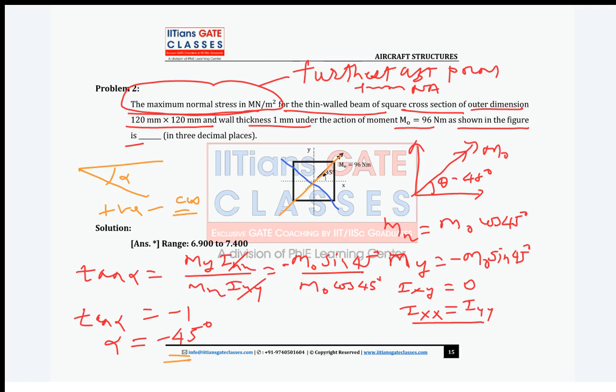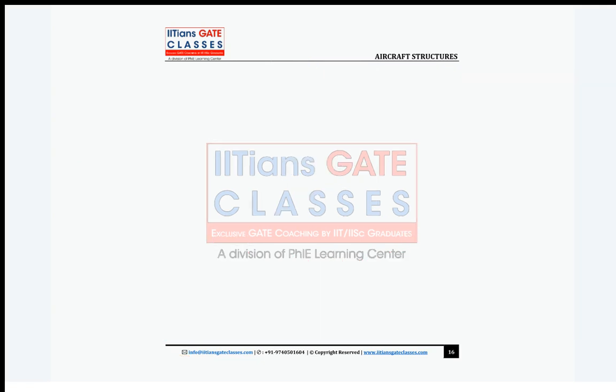Now the second part, which is asked in the question. So you all got the neutral axis. This is my cross section, and this is the neutral axis we found. So what is the furthest point from the neutral axis now?